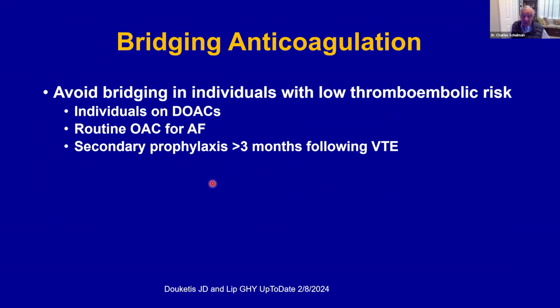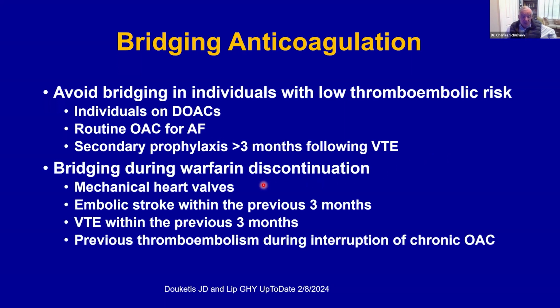So let's consider bridging. When do you need to bridge? In the first place, avoid bridging in individuals with a low thromboembolic risk, which includes patients on direct oral anticoagulants or on routine oral anticoagulation for AFib, or a secondary prophylaxis more than 3 months after peripheral venous thromboembolism.